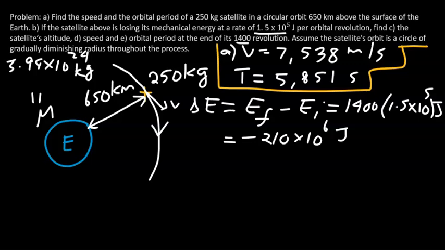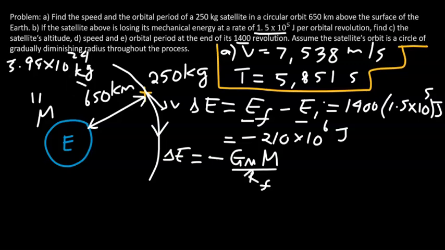But we also know the change in that energy is given by E_F minus E_I. So E_F is just the final potential energy, that is minus G, the product of the two masses, the mass of the satellite and the mass of the Earth respectively, over the final distance of the orbit. Let's call it r sub f.